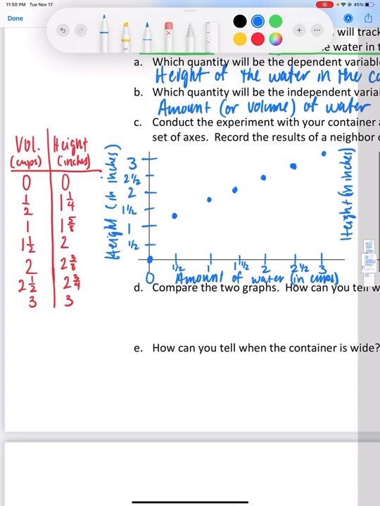Okay. So plotting my graph, it kind of goes up steeply, and then it kind of levels out. So it's a nice incline, but it starts out steep. Okay, so there's my container.